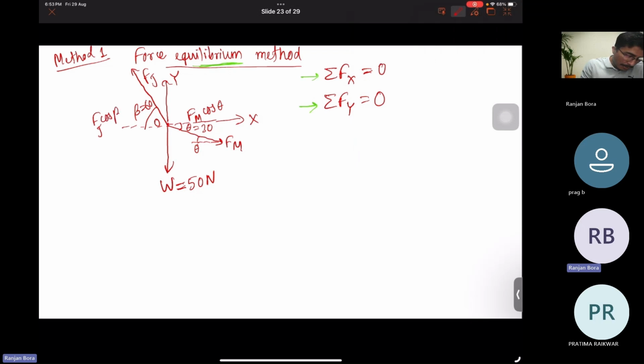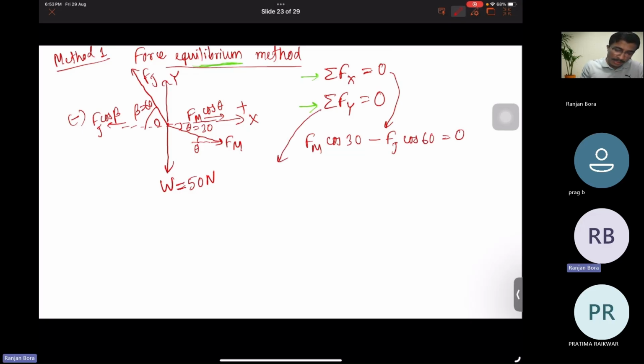Fj cos beta is acting in this direction, and Fm cos theta is acting in this direction. So this direction is positive and this direction is negative. So from summation of Fx equal to 0, we will get Fm cos 30 minus Fj cos 60 equal to 0. So we have got one equation.